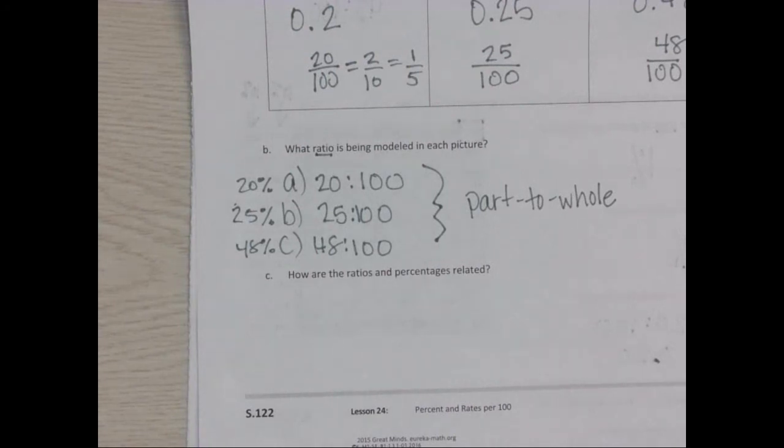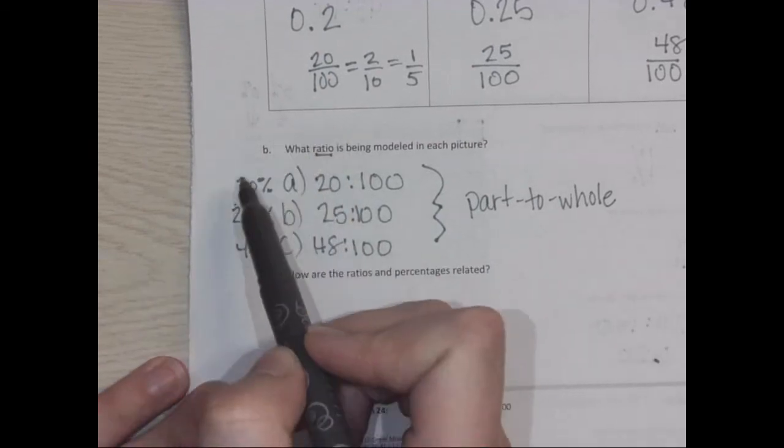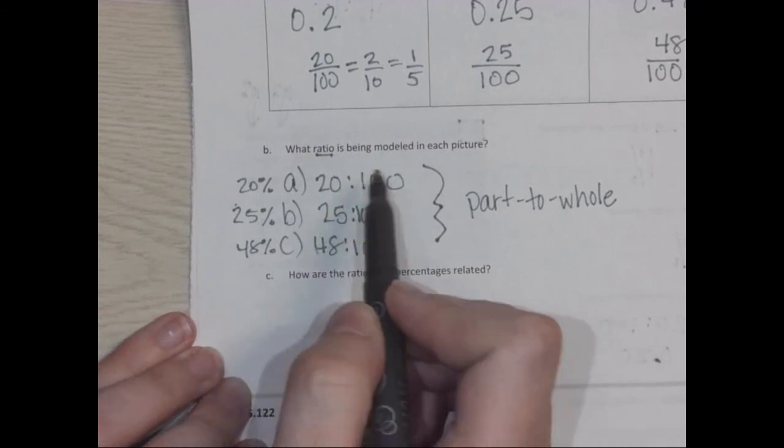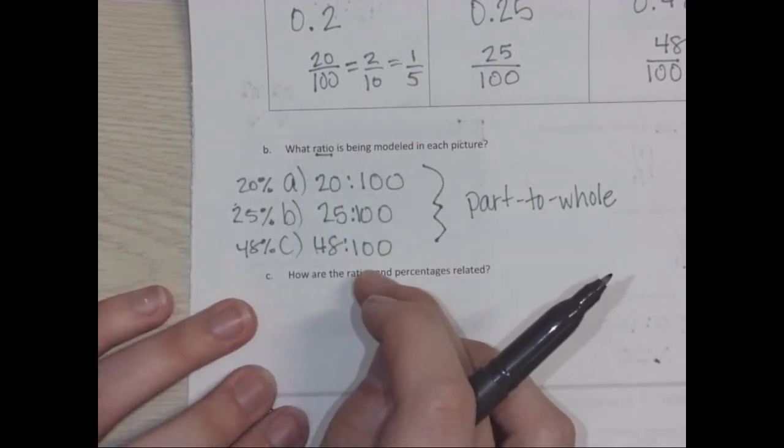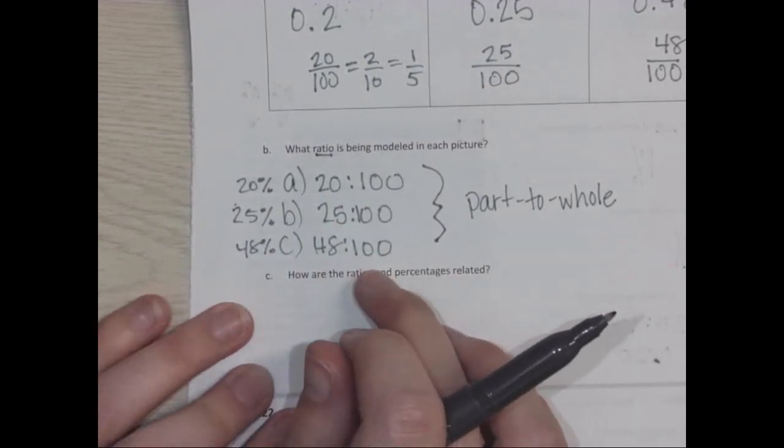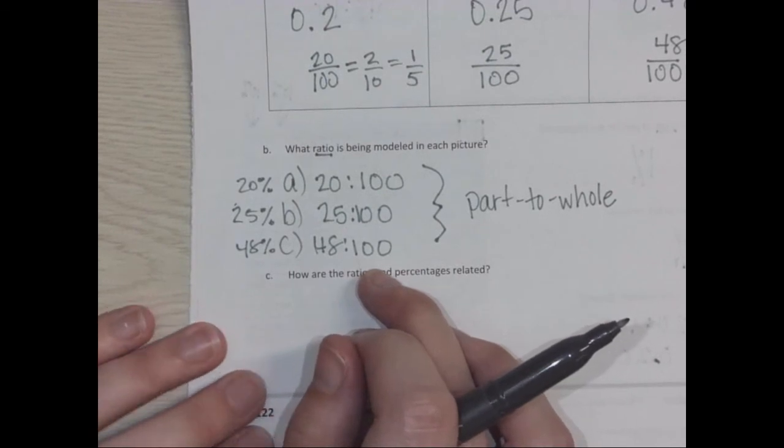Okay, bring it back in 3, 2, and 1. Who's got a great answer? Adriana. Okay, well these are written as a percentage and these are written as ratios, so what's similar about them? I see what you're saying, but I'm looking for a different way to word it. Dasani?